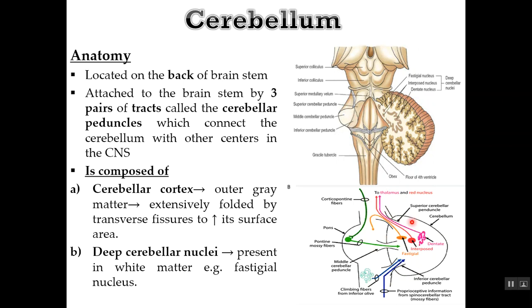You will take the details of these peduncles and the tracts which enter and pass through them, the afferent fibers and efferent fibers that pass through the superior, middle, and inferior cerebellar peduncles, in detail in anatomy. Number two, the cerebellum itself consists of outer gray matter and deep cerebellar nuclei, including the fastigial nucleus, interposed nucleus, and dentate nucleus.